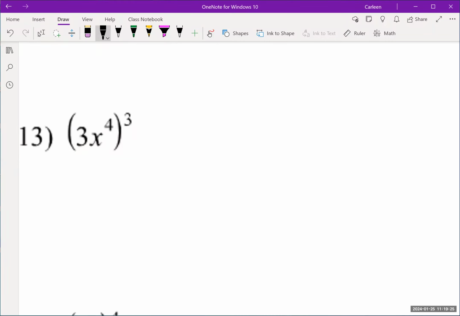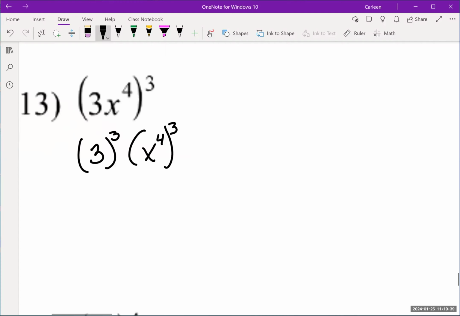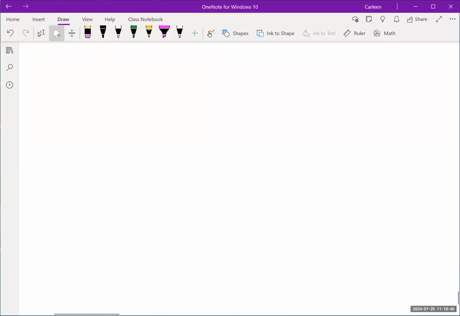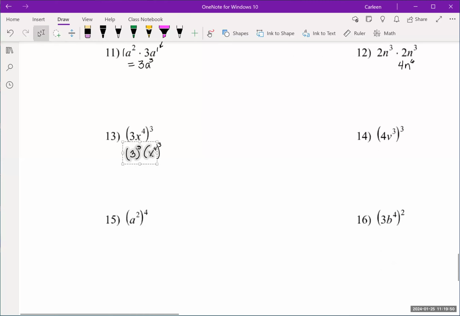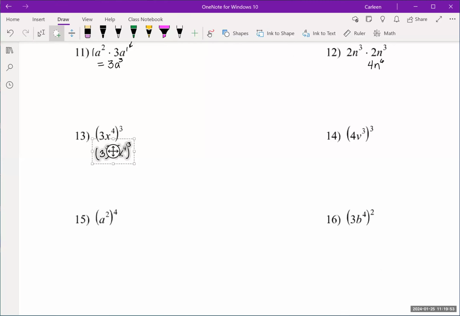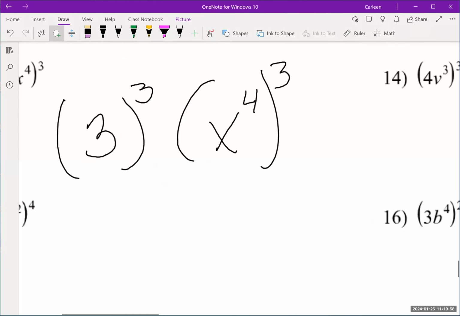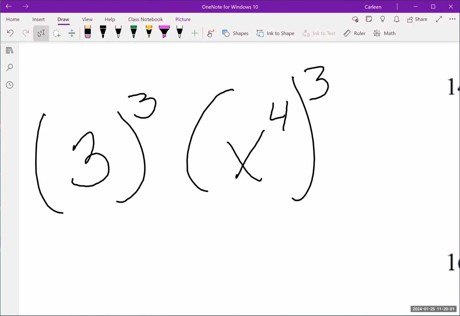Now, the 3 has an exponent 3, and the x to the 4th has an exponent 3. Yeah, they both have an exponent of 3. That means notice that X has superpowers.